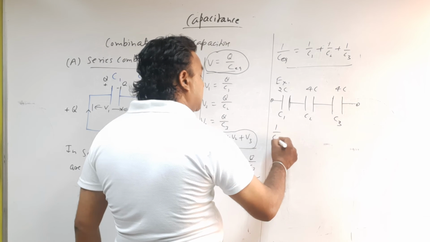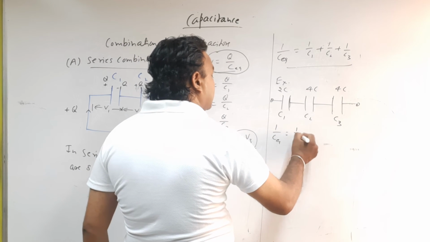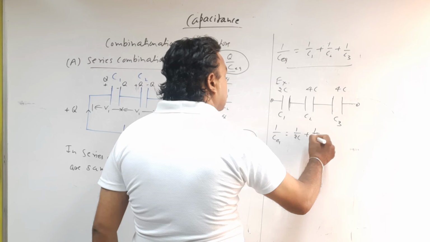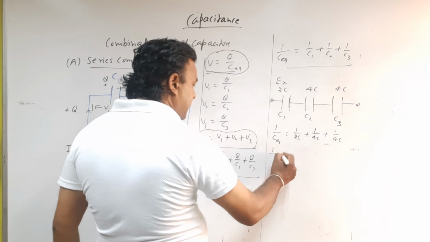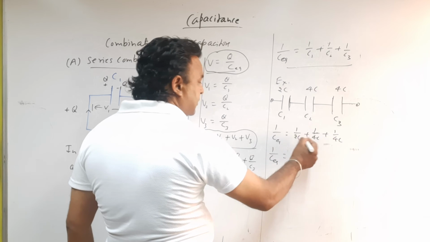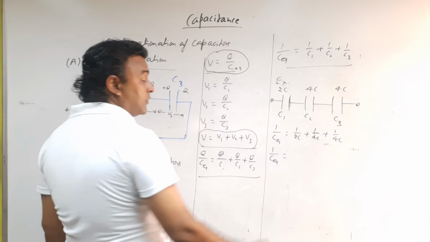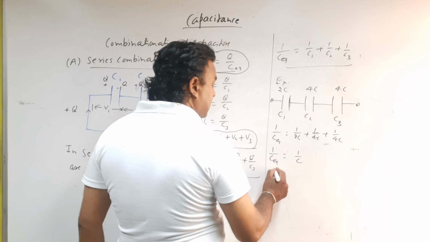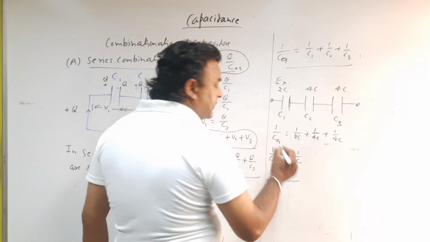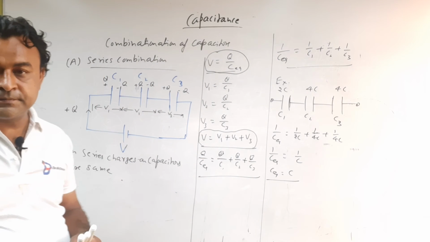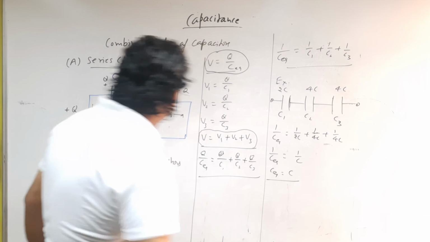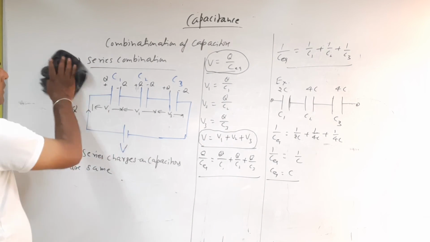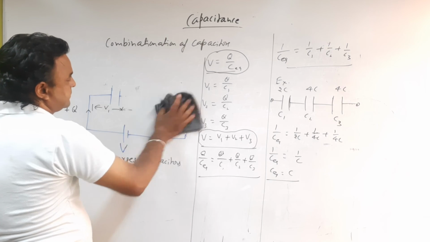Then 1 upon C equivalent is 1 upon 2C plus 1 upon 4C plus 1 upon 4C. I will have 1 upon 2 plus 1 upon 4 plus 1 upon 4, that is 1 upon C. So C equivalent will be C here. That's the way.